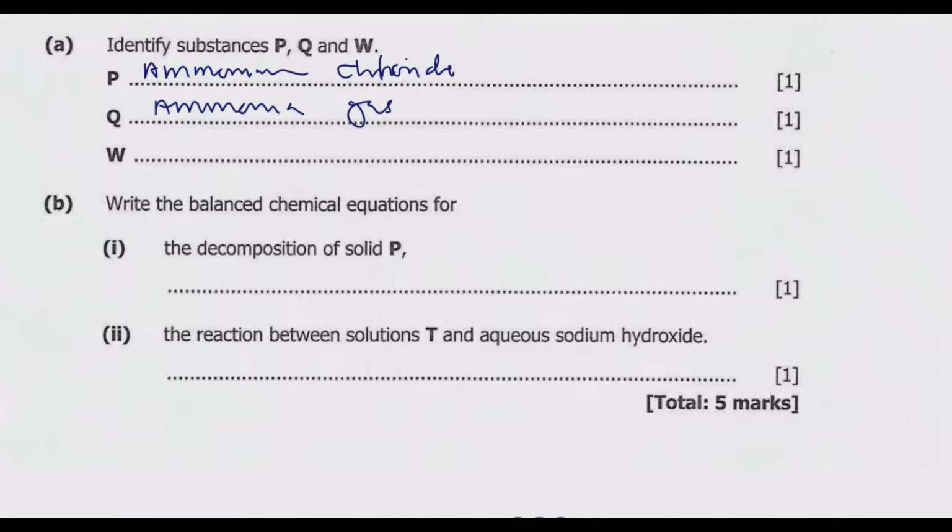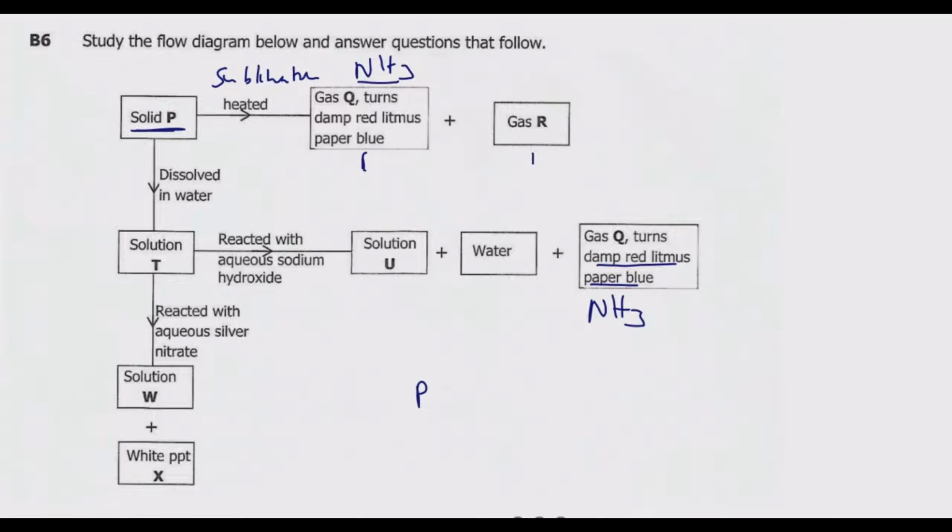So W is a solution that is formed when we react solution T with silver nitrate. So what happens when you react silver nitrate with ammonium chloride? Let us write the equation here. We have ammonium chloride, which is aqueous.